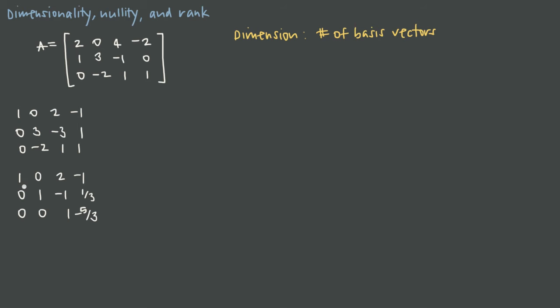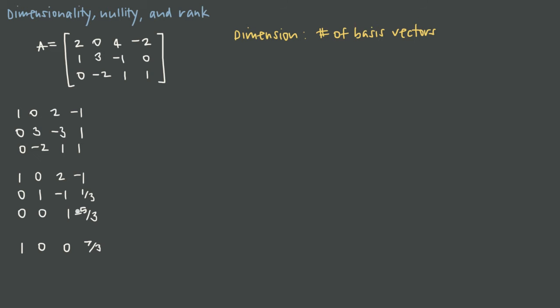Then for the first row, we take the first row minus 2 times the third row, and we'll get 1, 0. 2 minus 2 times 1 is 2 minus 2, or 0. -1 minus 2 times a -5/3 is -1 minus a -10/3, or -1 plus 10/3. We could say that that's -3/3 plus 10/3, which is a positive 7/3.